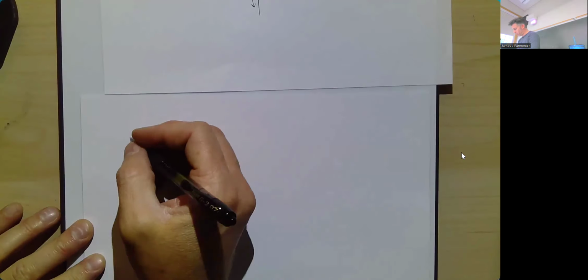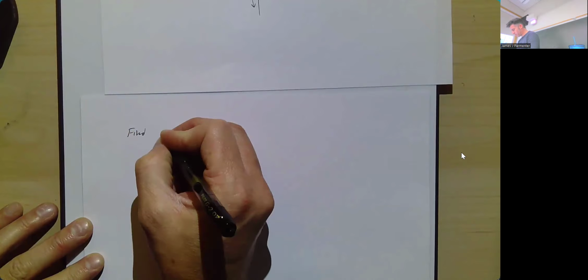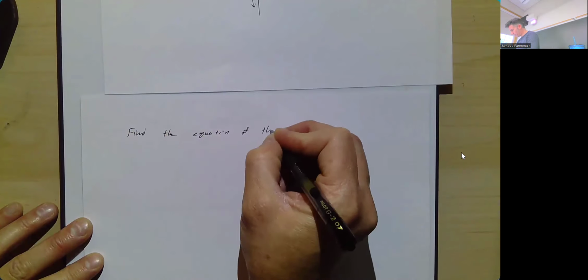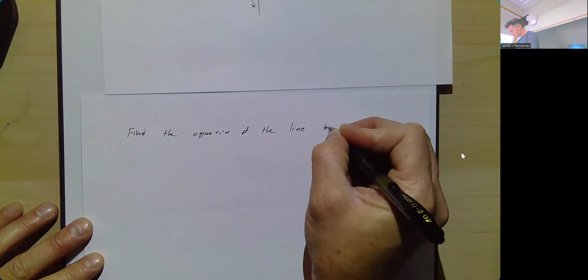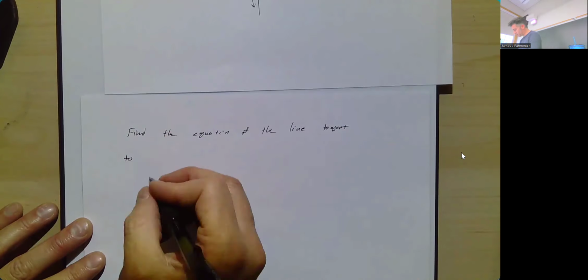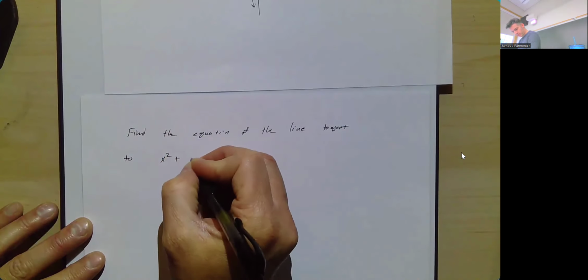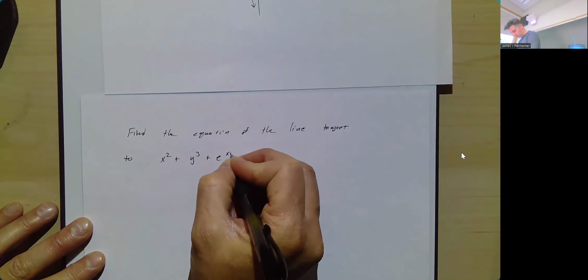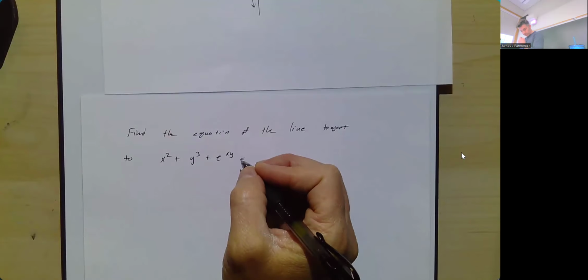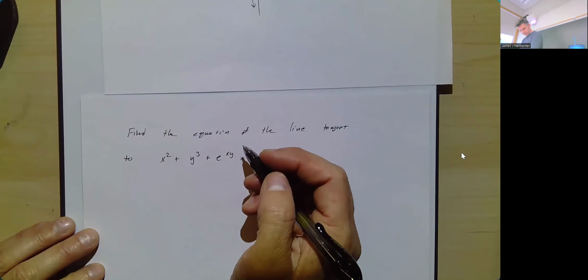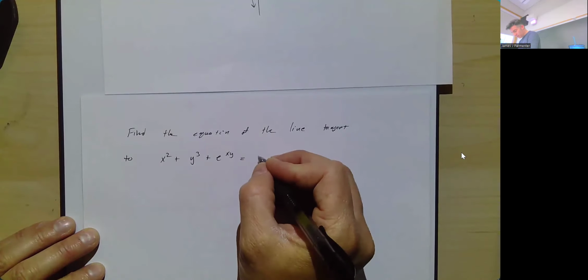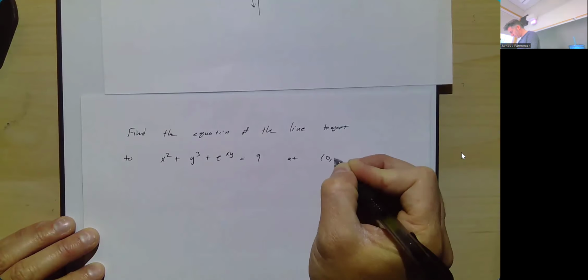Let's say we want to find the equation of the line tangent to, yeah, I like this: x squared plus y cubed plus e to the xy equal to 9 at the point 0, 2.